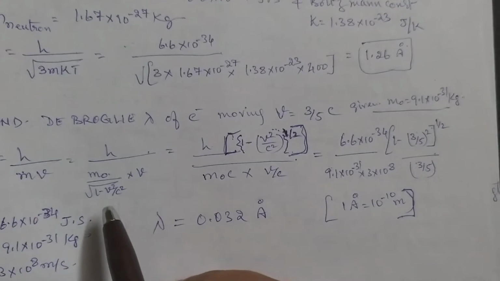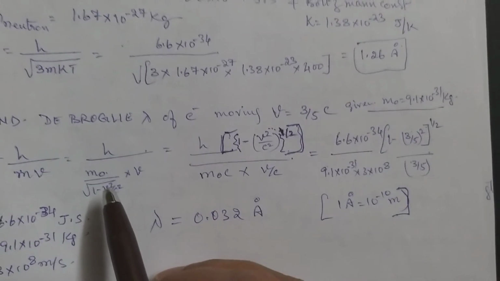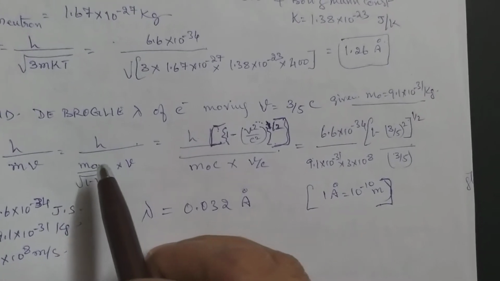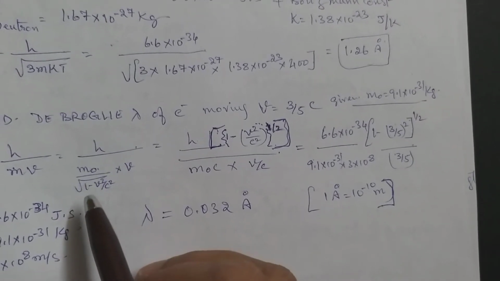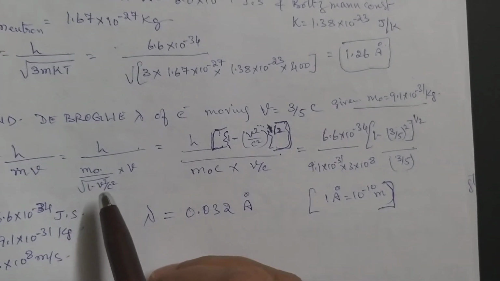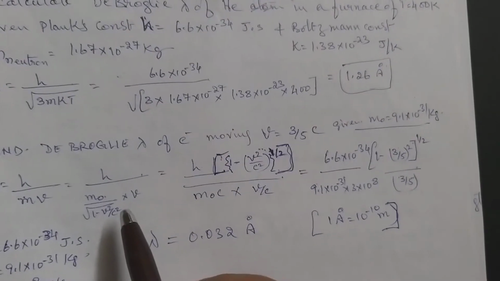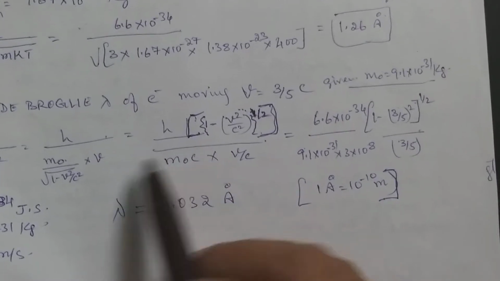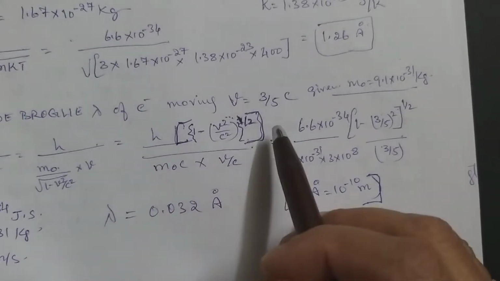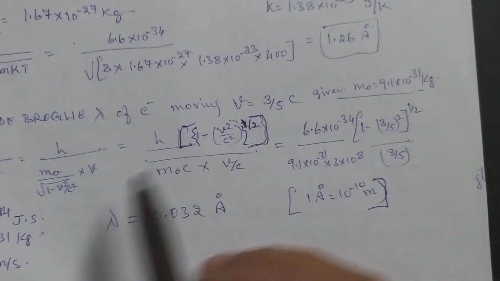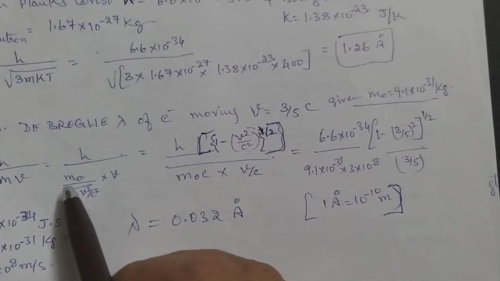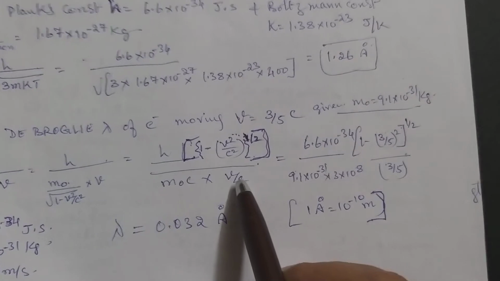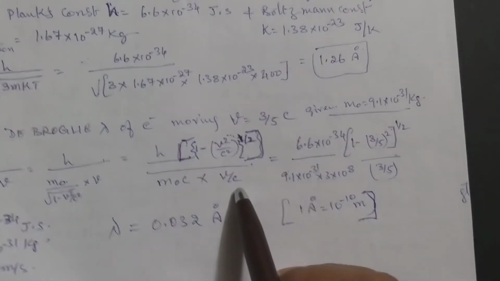When a body is moving relatively close to the velocity of light, then its mass increases and it becomes m0, the rest mass, divided by root of 1 minus v square by c square. So this denominator is taken up here, and in the numerator you have multiplied by c, and multiplied by c here also, numerator and denominator.